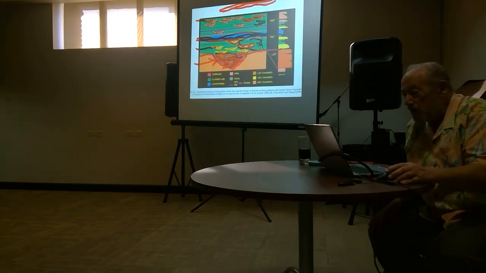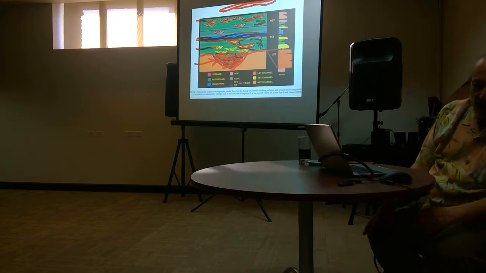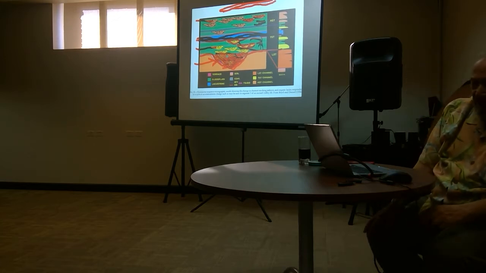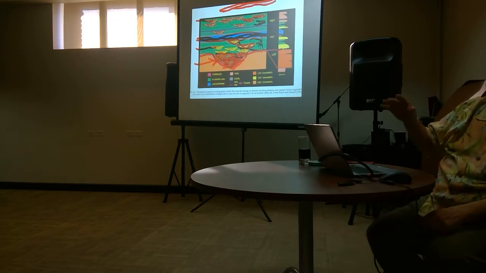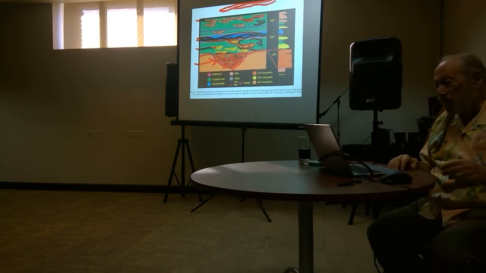So I've tried to show that here. We'll come back to the sequence stratigraphy in more detail, because sequence stratigraphy is a very powerful tool for helping you determine what type of deposit you've got, where it's at within the stratigraphy, and so on.